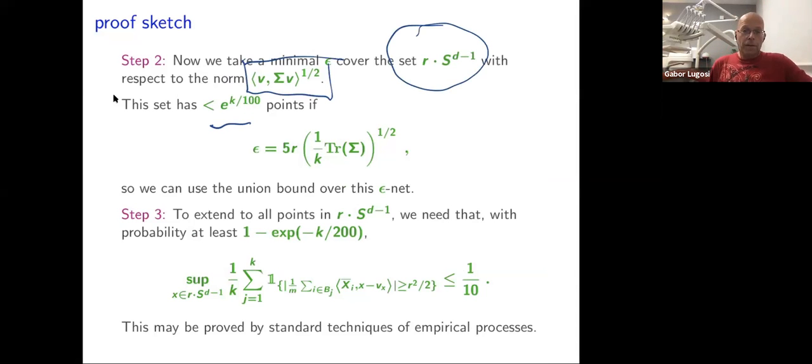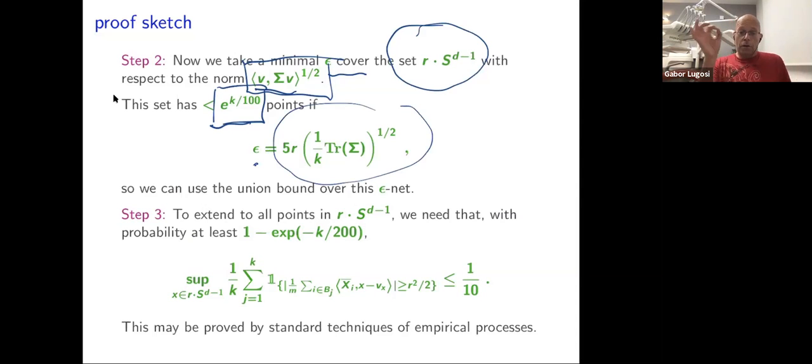What we need to do is take a minimal epsilon cover in this distance, and I'm allowed to take epsilon so large that we have this many points. And then, using the so-called dual Sudakov's inequality, one can prove that the radius of this cover, epsilon, is this quantity.